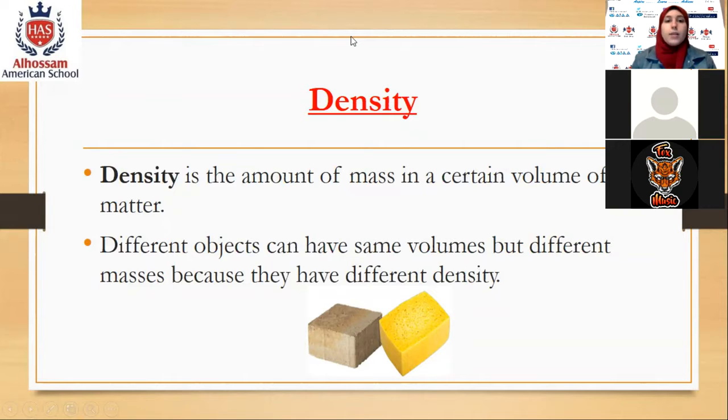Different objects can have the same volume. If I have, for example, a football, as I know you all like football, I'll put it on the balance and we will get a certain mass.